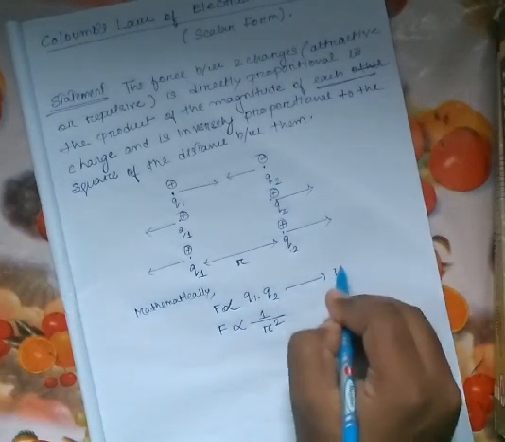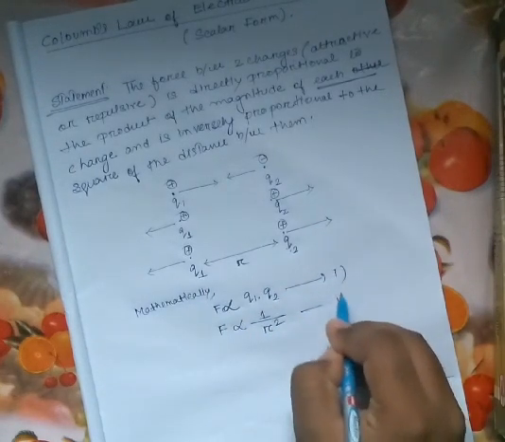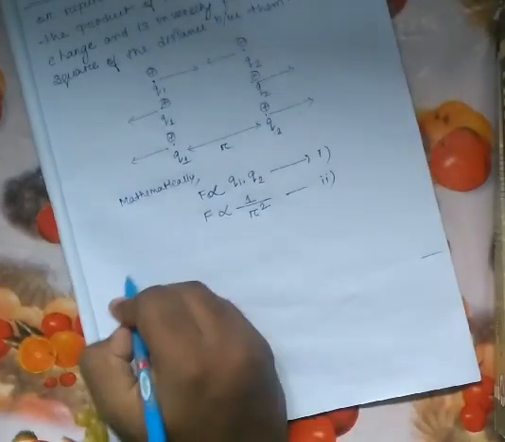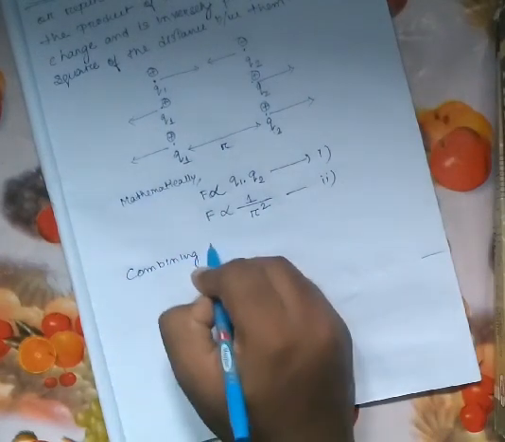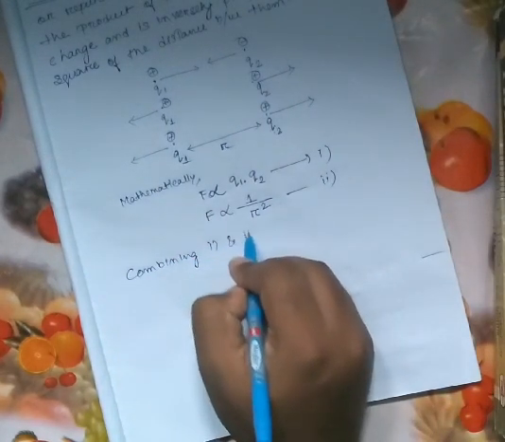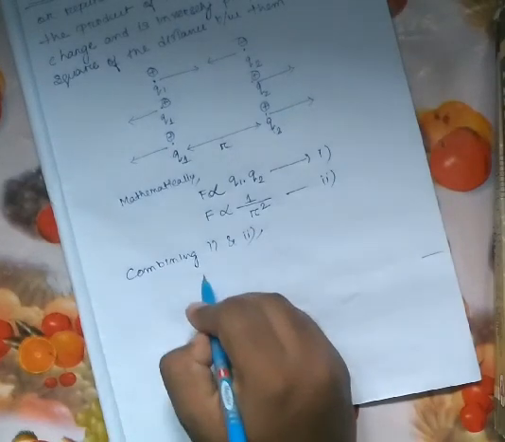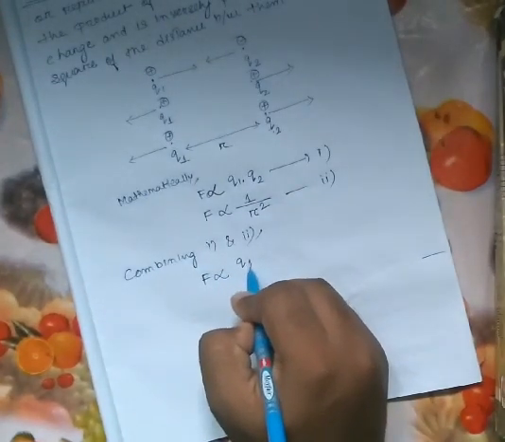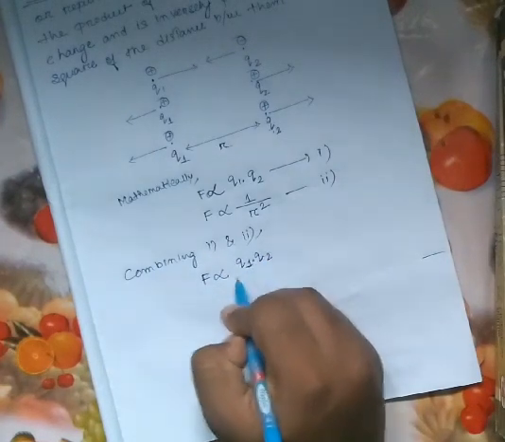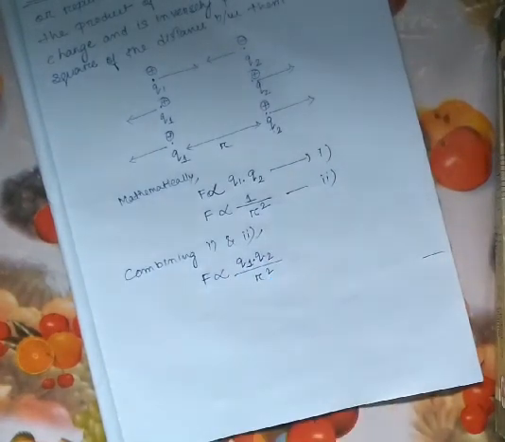So if we take this as equation 1 and this as equation 2, then combining equations 1 and 2, we can say F is proportional to Q1 Q2, the product, divided by R square.